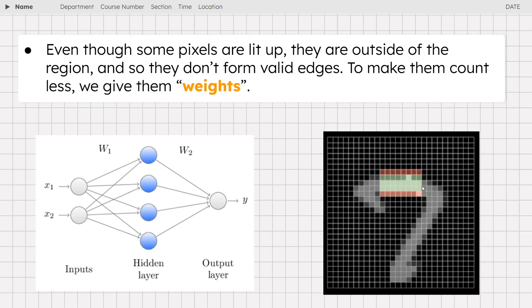So even though for example this one has a high activation because it's brighter, we don't want it to count towards our calculation as much because it's not in the region. So we give it a negative weight compared to this black square, which is in the region but not shaded. So we're giving it the higher weight, even though it has a lower activation, because it matters more in the area that we want.